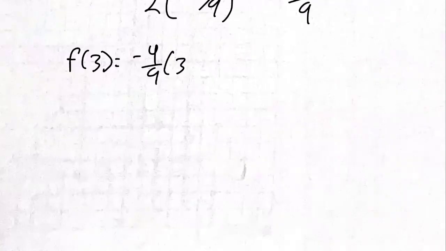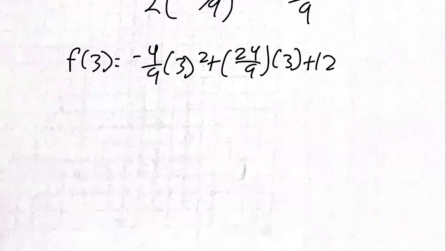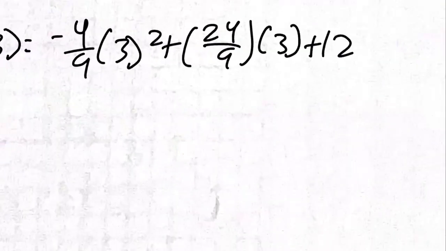Okay, so to find the height, or the y coordinate, of my function, all I have to do now is plug it in. Negative 4 over 9 times 3 squared, plus 24 divided by 9 times 3, plus 12. 3 squared is 9.